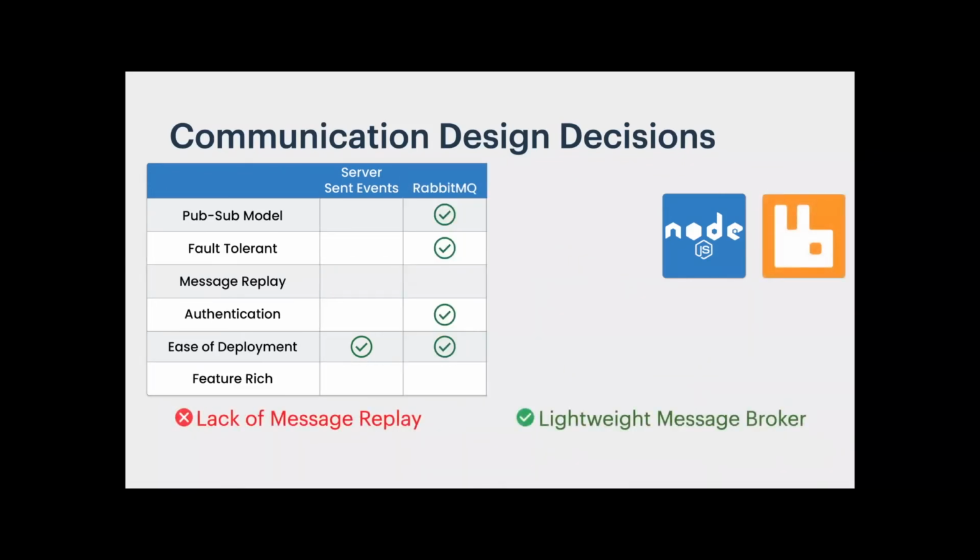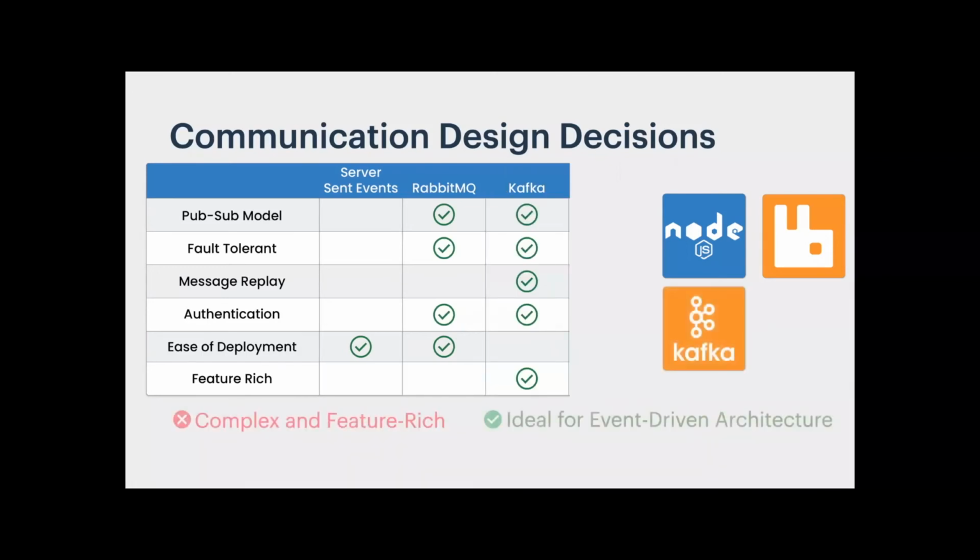We also considered various message brokers, such as RabbitMQ, which is a lightweight open source message broker, but unfortunately, it did not support message replay. We looked into Kafka as well, and although it has all the capabilities we required, it is quite a complex and feature-rich tool and is primarily meant to be used for very high volume throughput event-driven architectures.